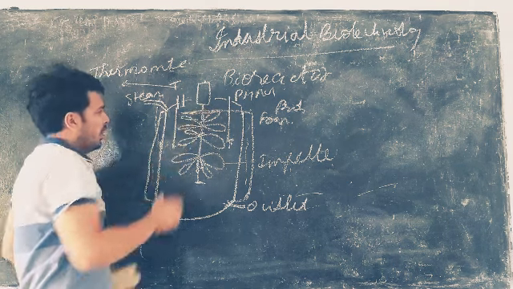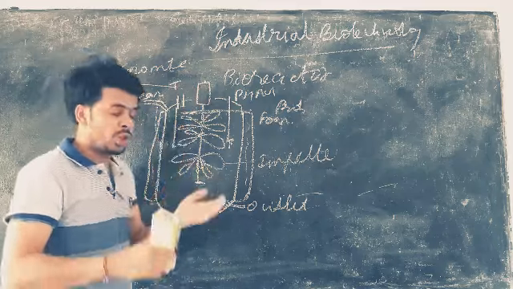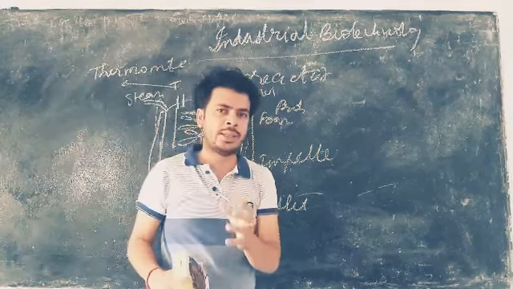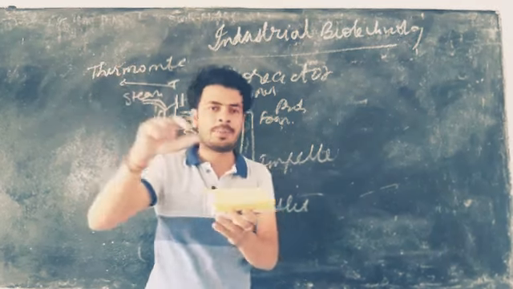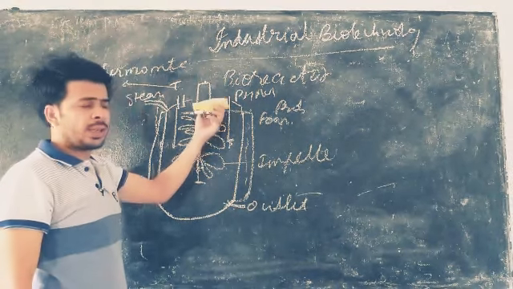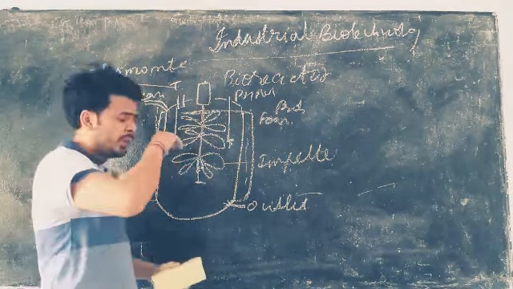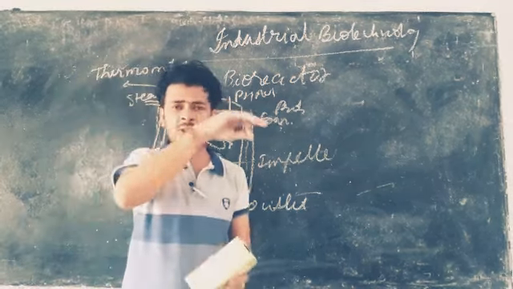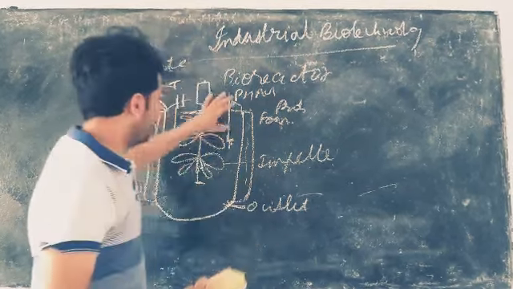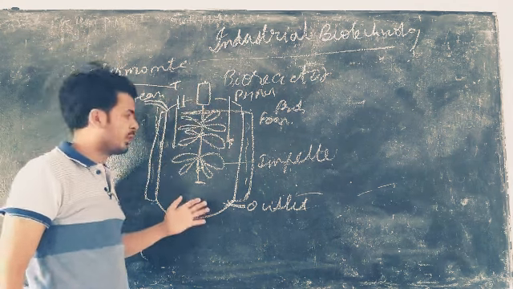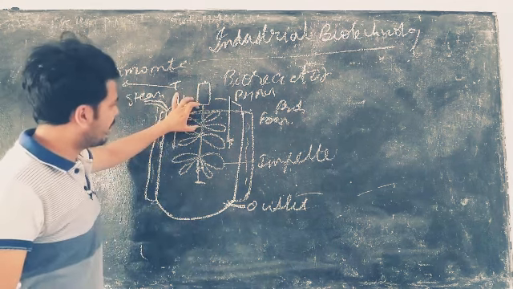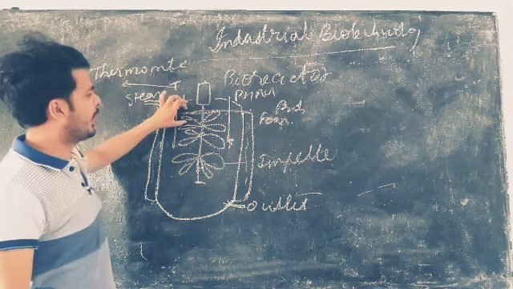If this is not done, the foam will ultimately lead to the formation of a layer which stops the gaseous transfer, and this could reduce the rate of the reaction also. So this portion helps in breaking the foam.